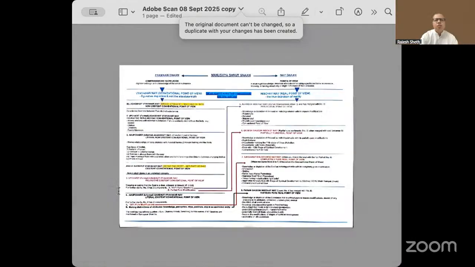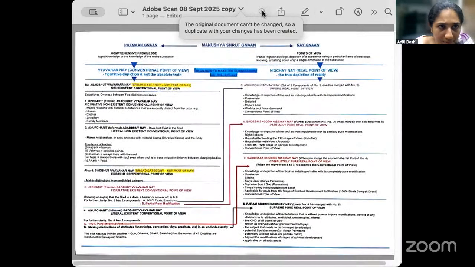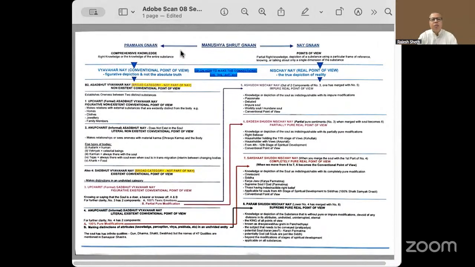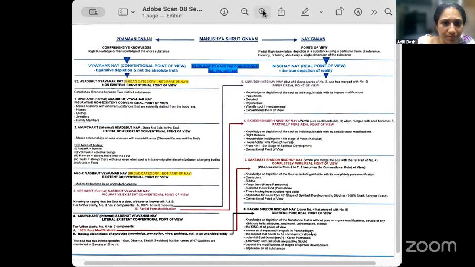Shall I zoom out? No, I think you did maximum zoom. Yes, you can do a little more. How? Plus, on the top. Yeah, one more. Okay. Fine.